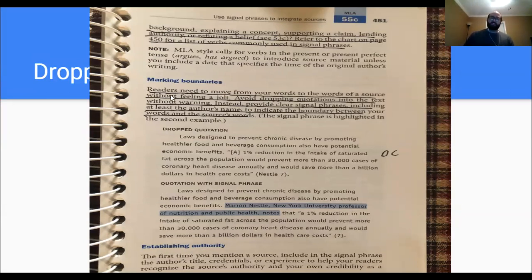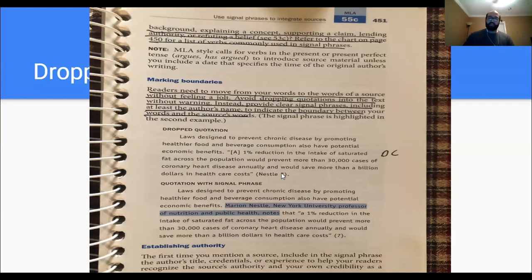So if we look at this, Marking Boundaries, it would be page 451 from Rules for Writers, and I will put this on D2L as well. Here's a drop quote. If we look at these two model paragraphs, it says, laws designed to prevent chronic disease by promoting healthier food and beverage consumption also have potential economic benefits. And then it goes right into the quote, a 1% reduction in the intake of saturated fat, and so on.